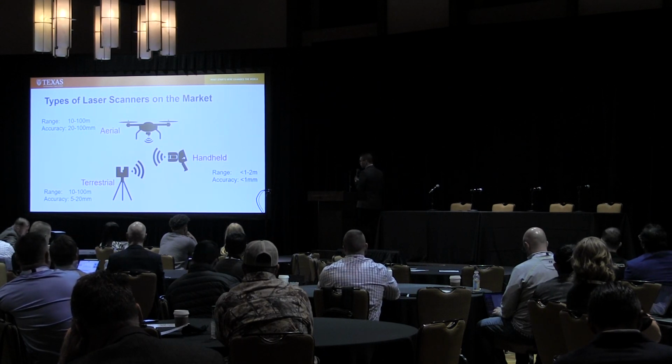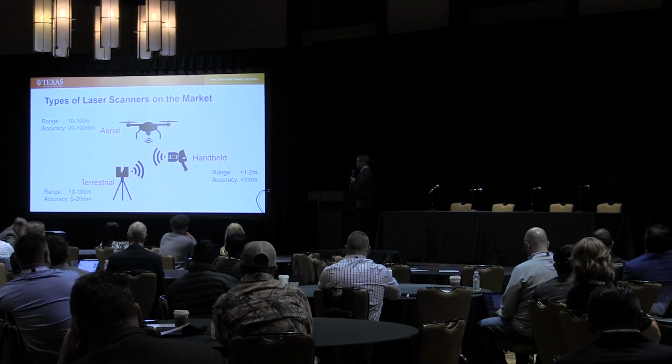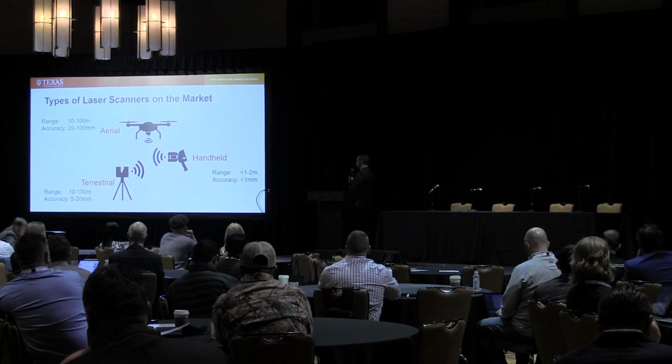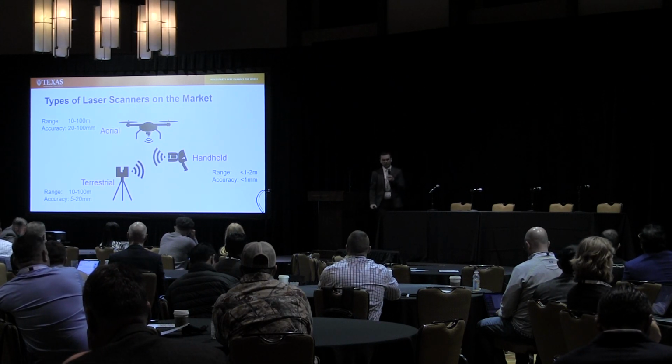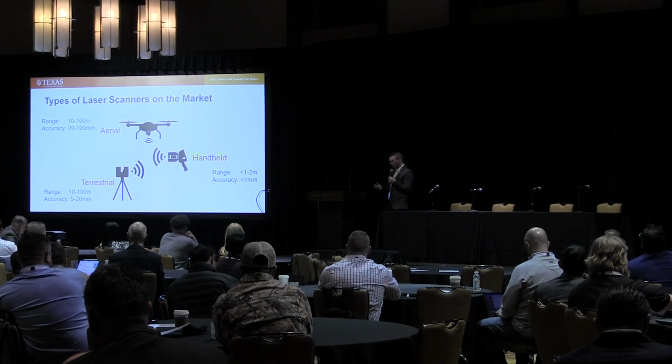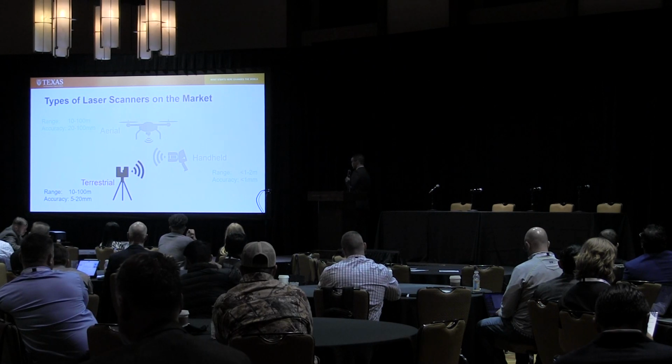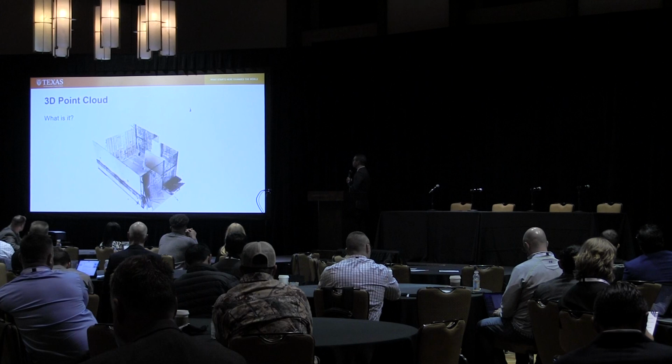But the added benefit is that you get an accuracy range and form factor that is really conducive to a lot more applications in construction. So what I'll be talking about today focuses on this third category, terrestrial laser scanners, or TLS, another commonly used term.